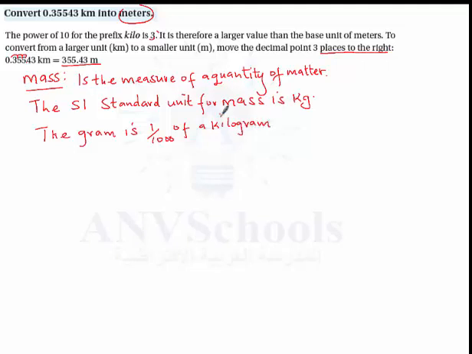The gram is more useful for measuring masses of small objects such as flasks and beakers in the lab. So the gram is about the mass of a paperclip.